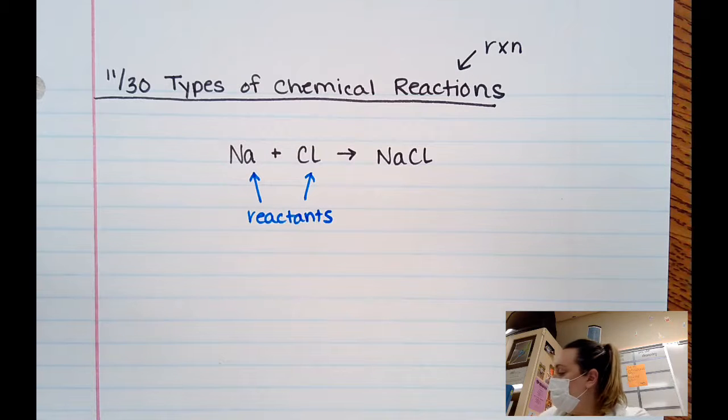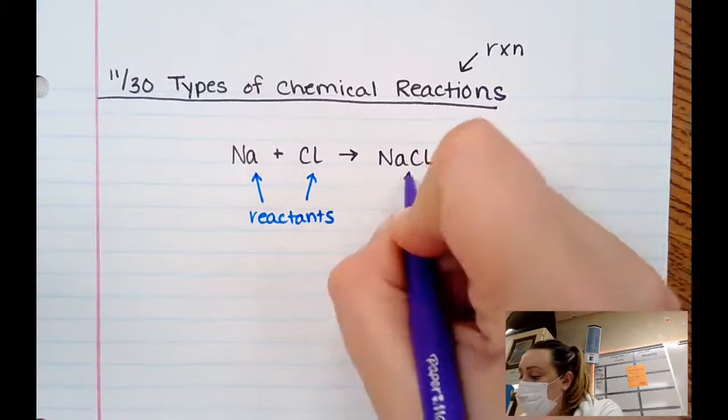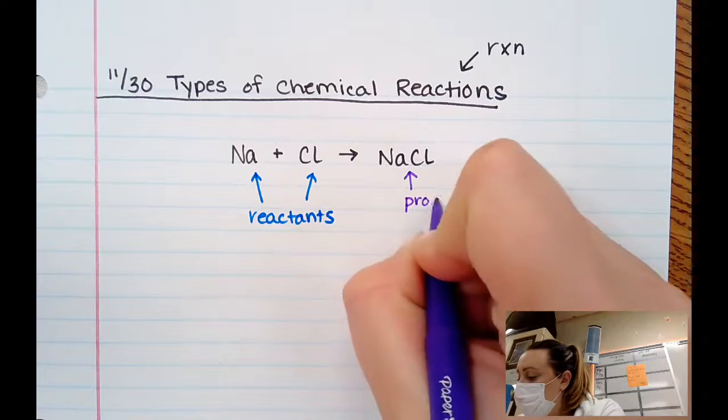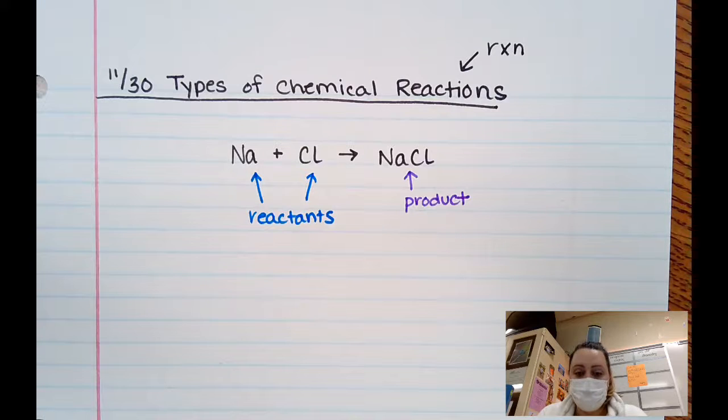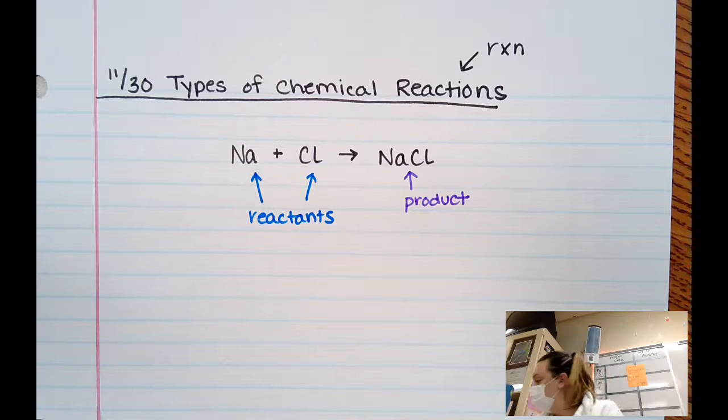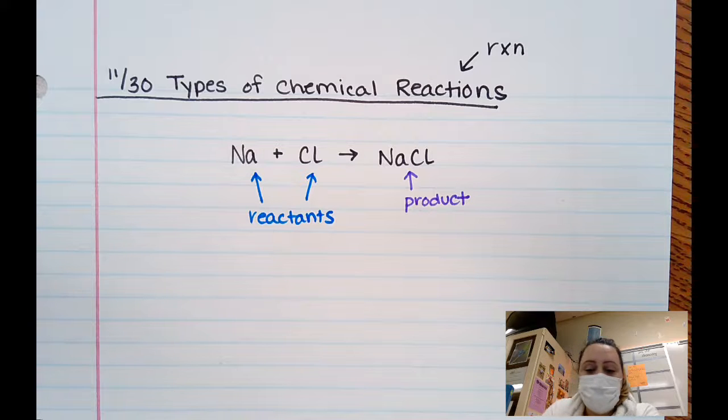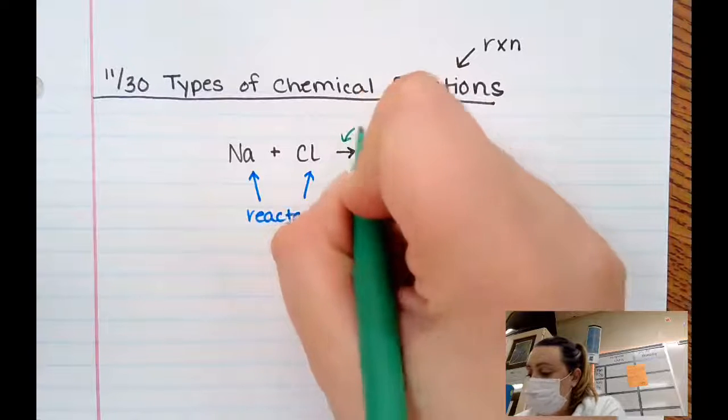And whatever is created is our product. We read the arrow as yields.